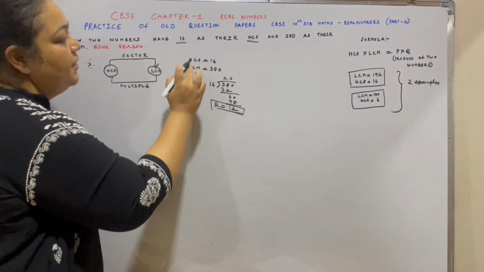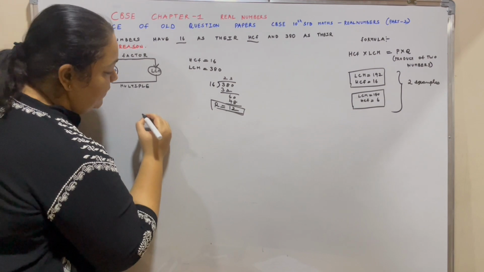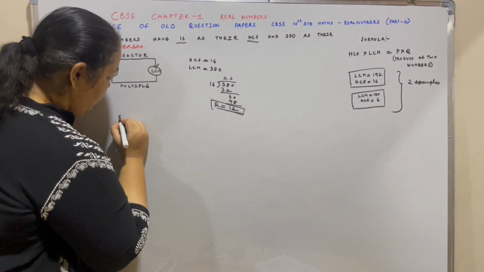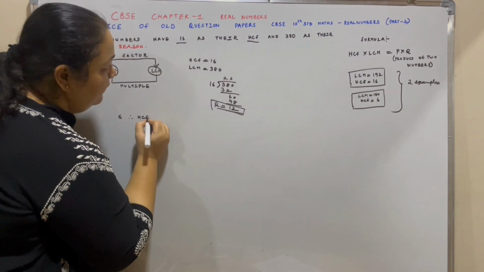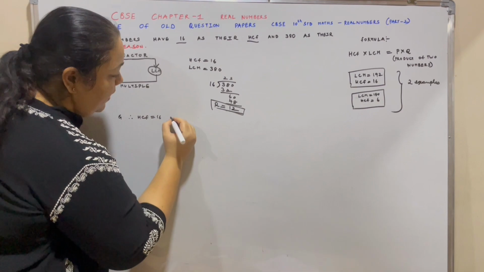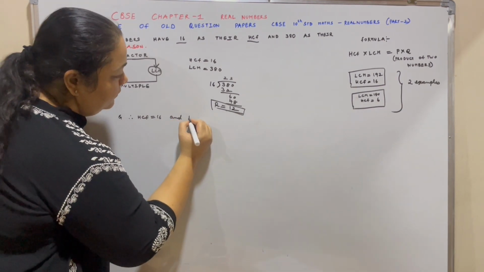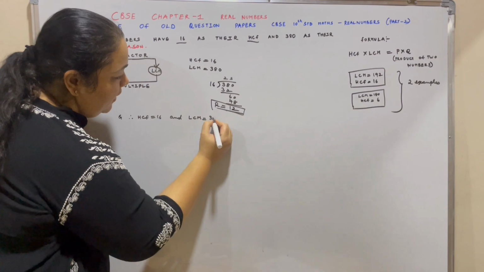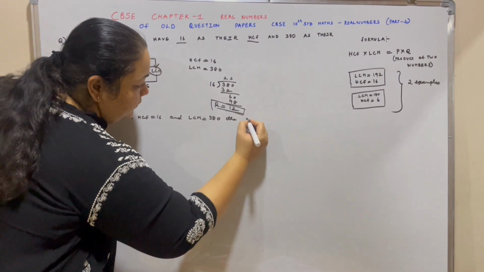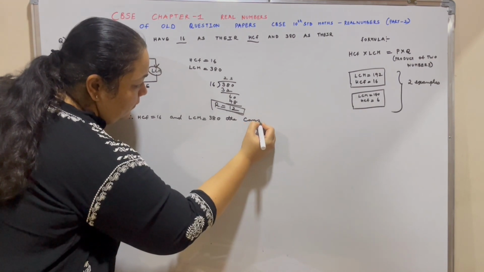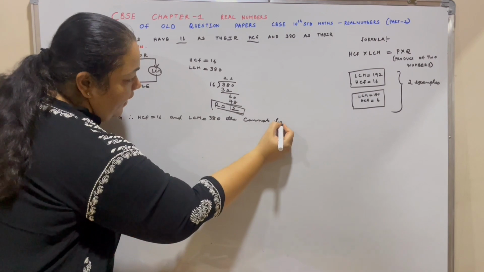So these two numbers cannot be HCF and LCM. So give the reason: therefore HCF equal to 16 and LCM equal to 380 cannot be, because they are not factors.